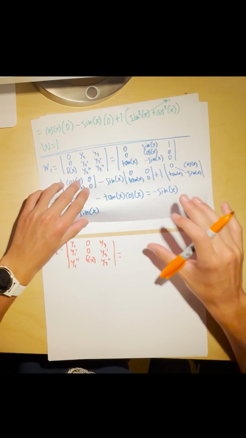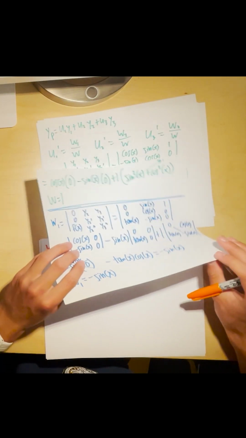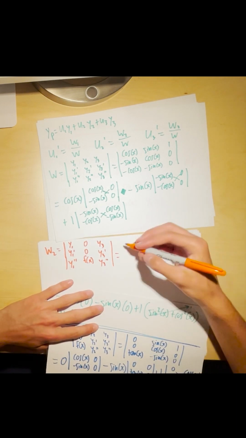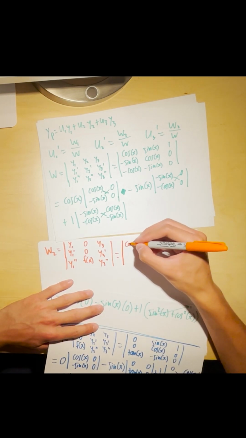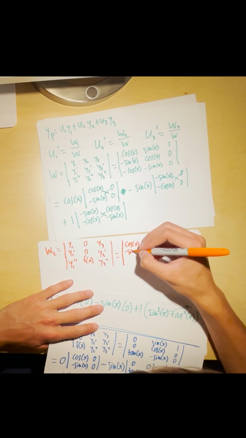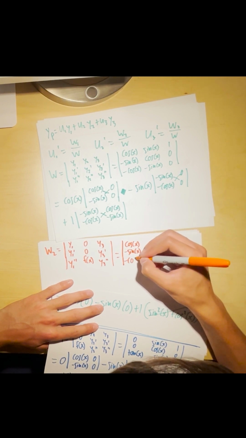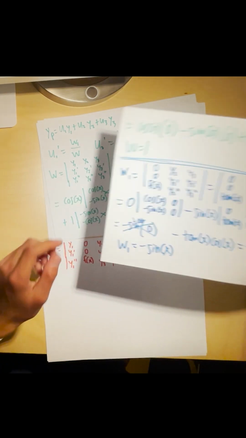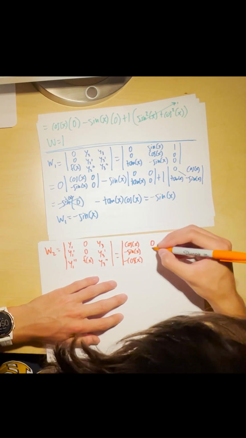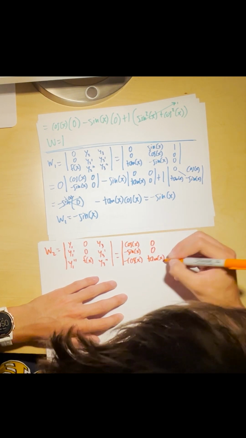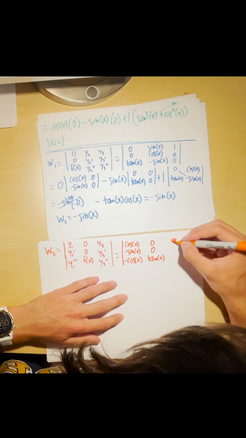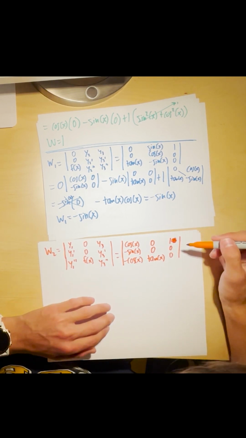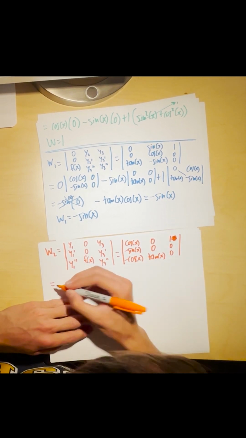And I'm just going to fill these up with values from the original Wronskian again. Cosine x, negative sine x, negative cosine x. And now in this column, we're going to have the 0, 0, f of x. In the last column, we're going to have, sorry, 1, 0, 0, because that was the y3 part. So now we're going to evaluate this.